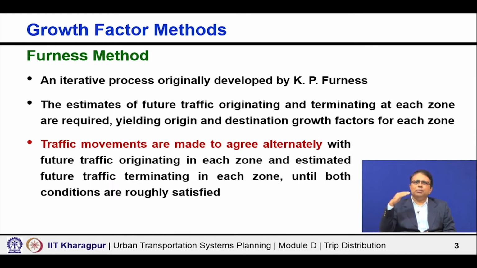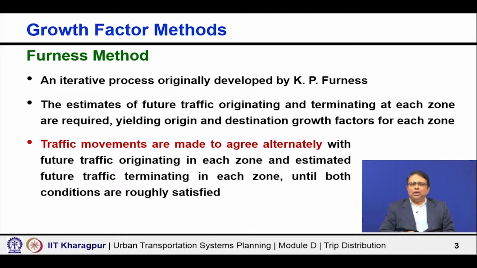We do the same thing for each row. So now all the production totals, or the totals at the origin ends, will match, but in that process the column totals will get distorted, right, because we have adjusted the row totals.